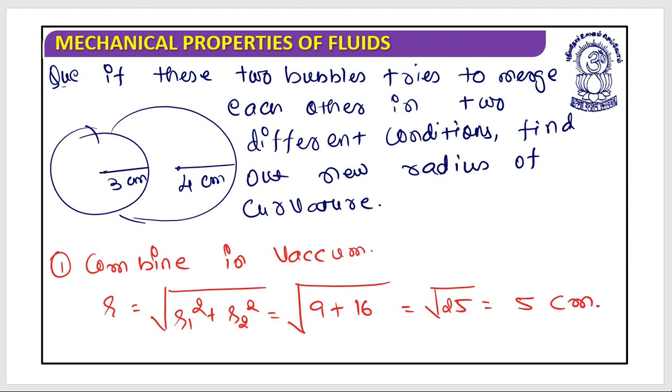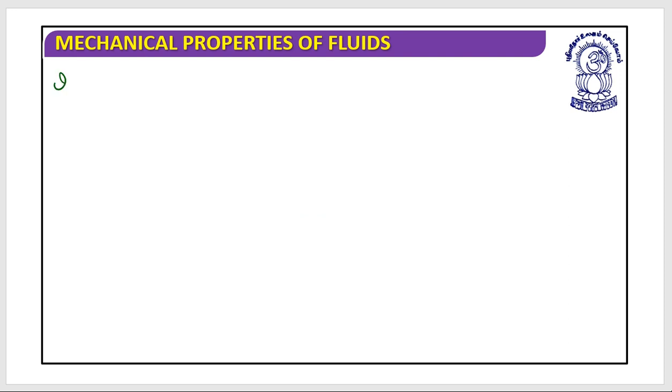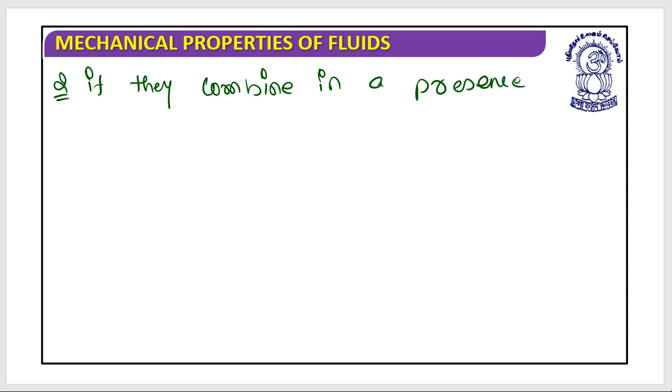Let's talk about the second situation. If they combine in the presence of atmosphere, then 1 by r is equal to 1 by r1 minus 1 by r2.